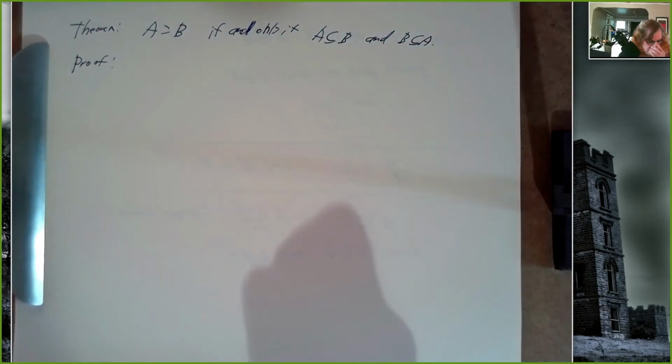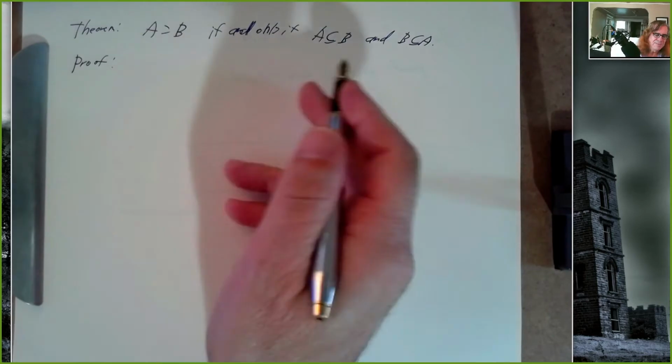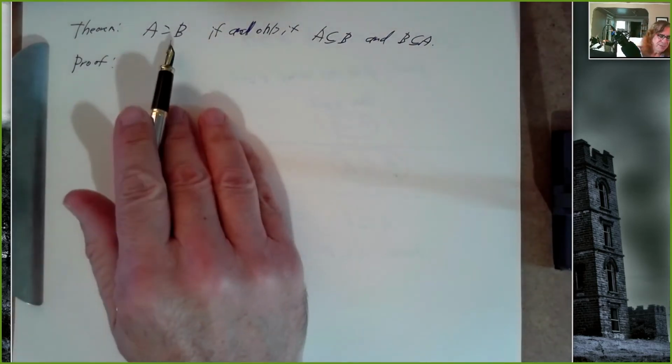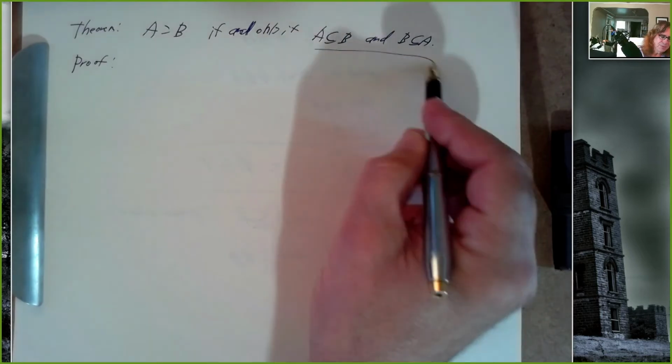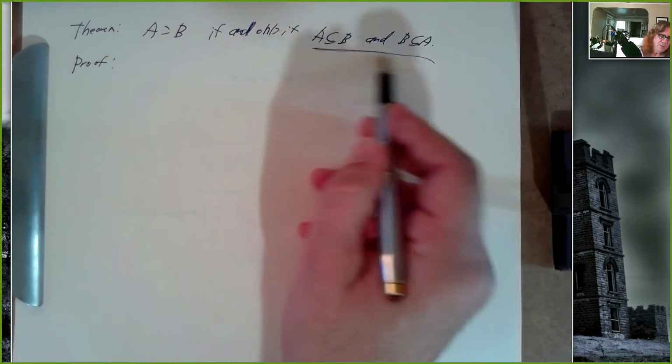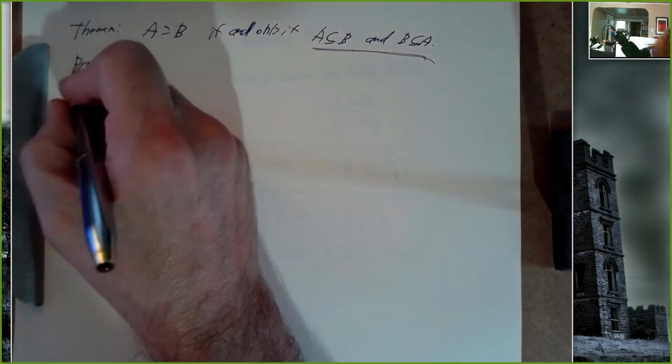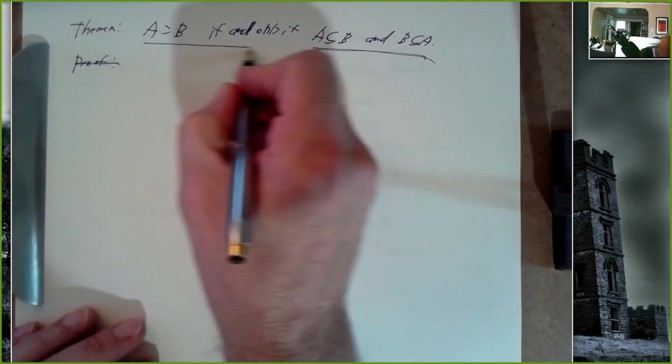And we can prove this. Well, if and only if means we need to prove two things. We have to prove that A equals B if this is true, and that A equals B only if this is true. Okay, so before I do a proof, let me write out both of these things.